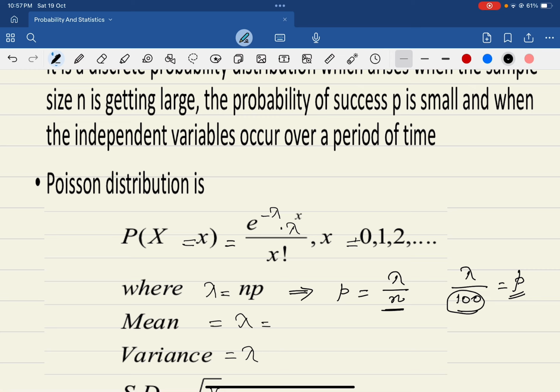Let us consider, for example, lambda is equal to 1. When you take 1 by 100, it is 0.01. The probability of success is very less, right?